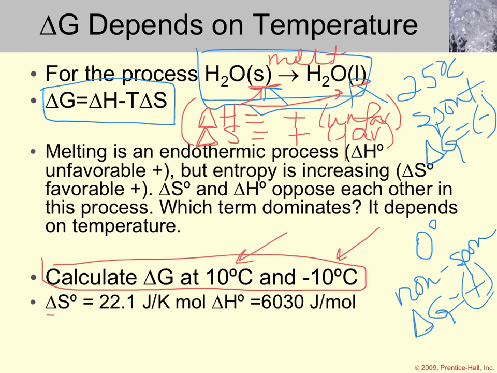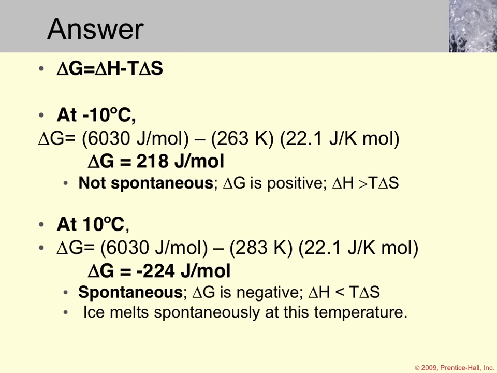Here are the values for change in entropy and change in enthalpy for that reaction. I was nice to you in this case, and I gave you enthalpy in joules instead of kilojoules. But as I warned you before, most problems won't do that. So the first thing you want to do in most problems is make these units match. All right, so here we go.